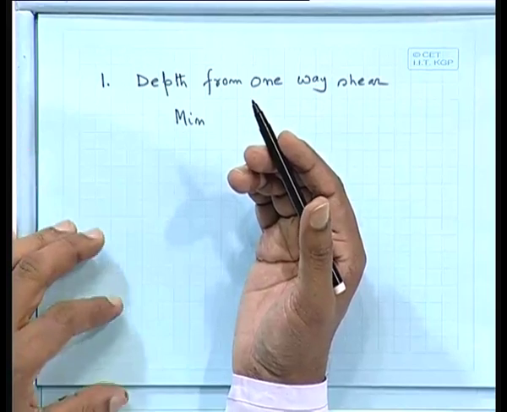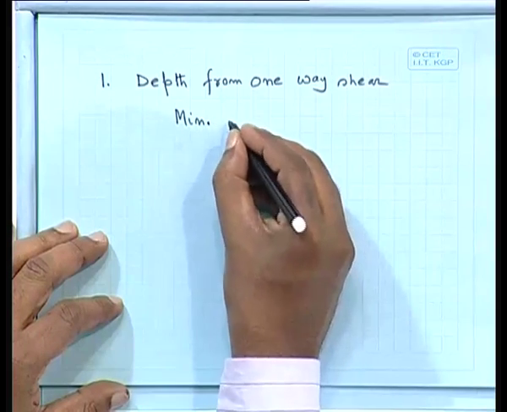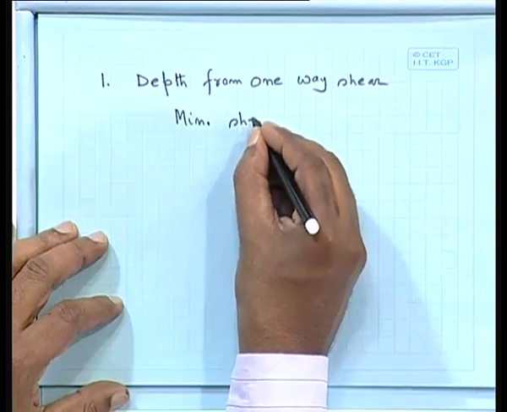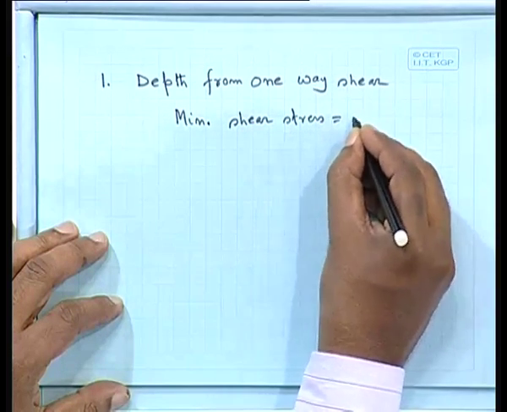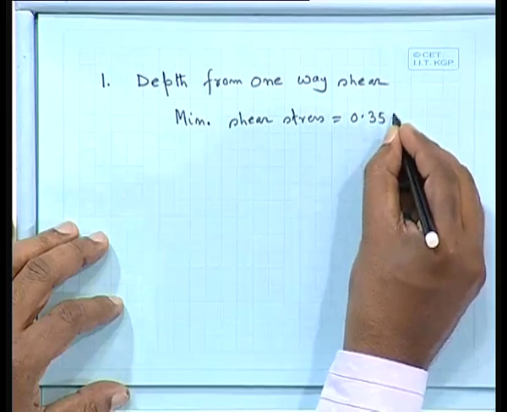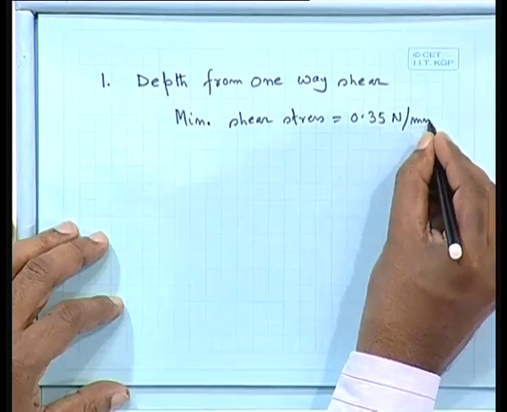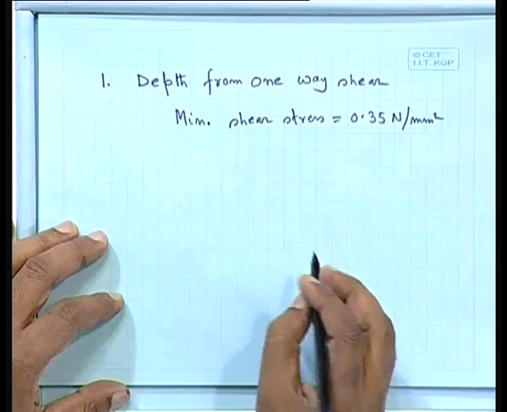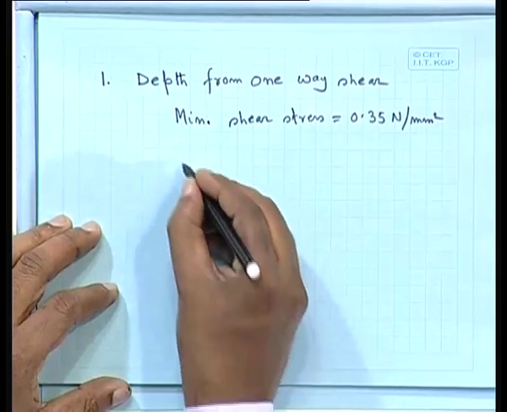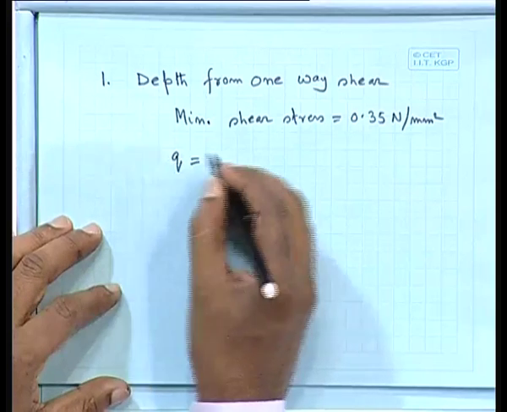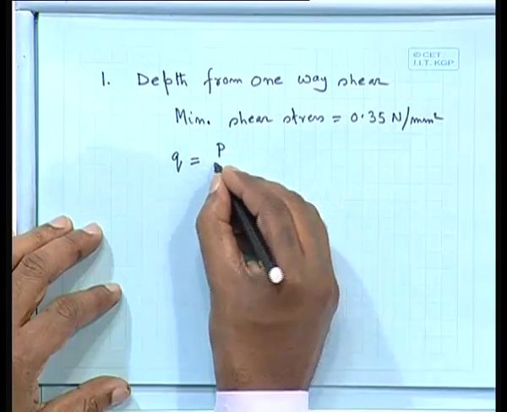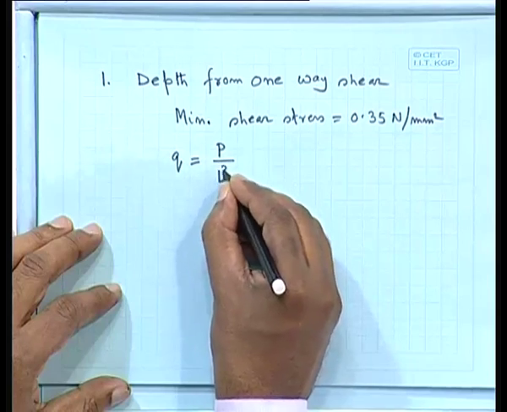So, the minimum shear stress that is permissible in our case is 0.35 Newton per square millimeter. Now, Q is the pressure, which should be equal to P by L square.